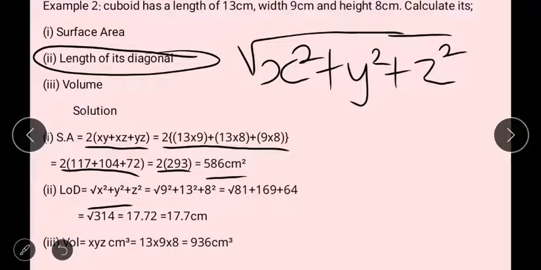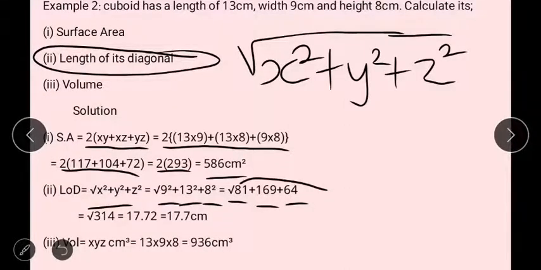So now, this is what I have here. X is given as 13, isn't it? 13 squared plus y is given as 9, 9 squared plus z is given as 8, 8 squared. 9 squared is 81. 13 squared is 169. 8 squared is 64.